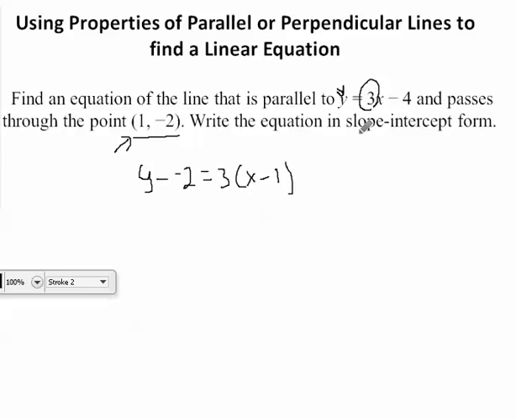And they want it in slope-intercept form, so I need to do a couple of things here. First thing I need to do is the distributive property, and I'll get y plus 2 equals 3x minus 3. I'm going to subtract the 2 from both sides here, and I'll get y is equal to 3x minus 5.